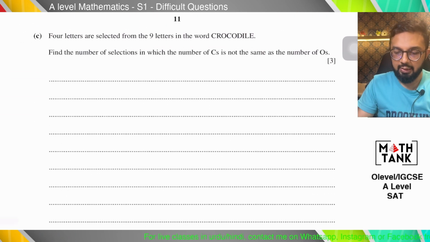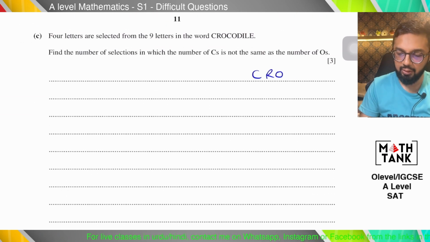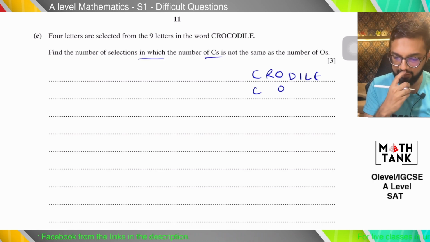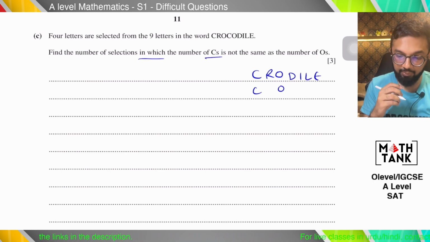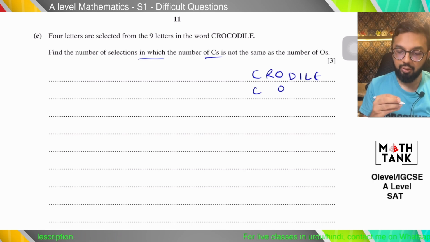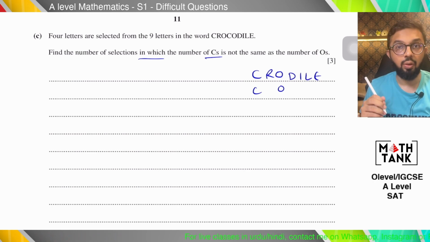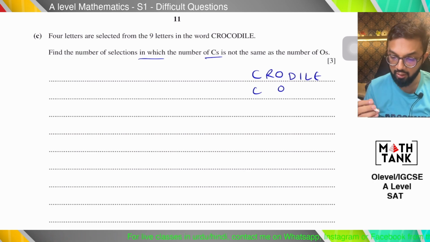Okay, then it says 4 letters of the word crocodile. Find the number of selections in which the number of C's is not the same as the number of O's. Okay, not the same as the number of O's. So let's start solving this question.